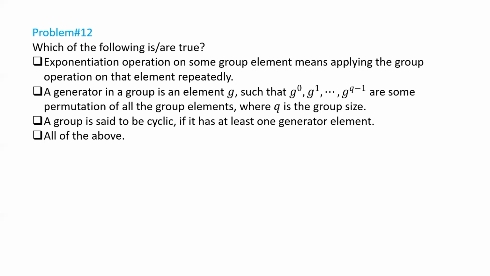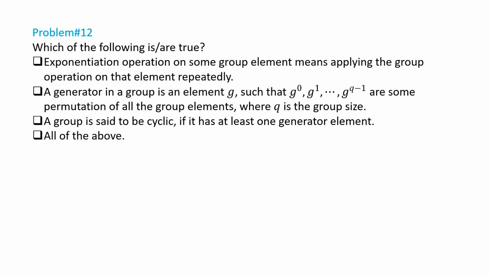Due to the closure property, all these outputs of G to the power I belong to the group itself, and as all these outputs are distinct, that will cover all the elements of the group.